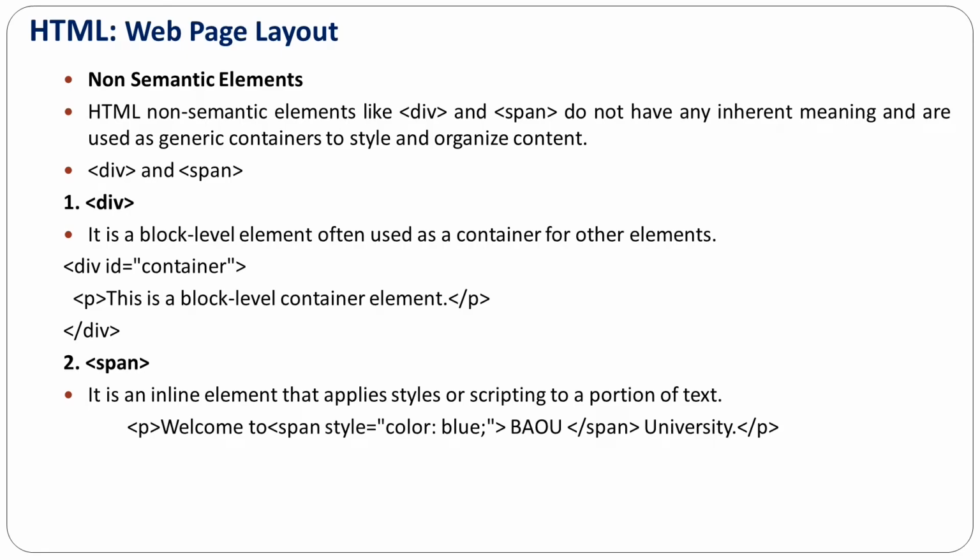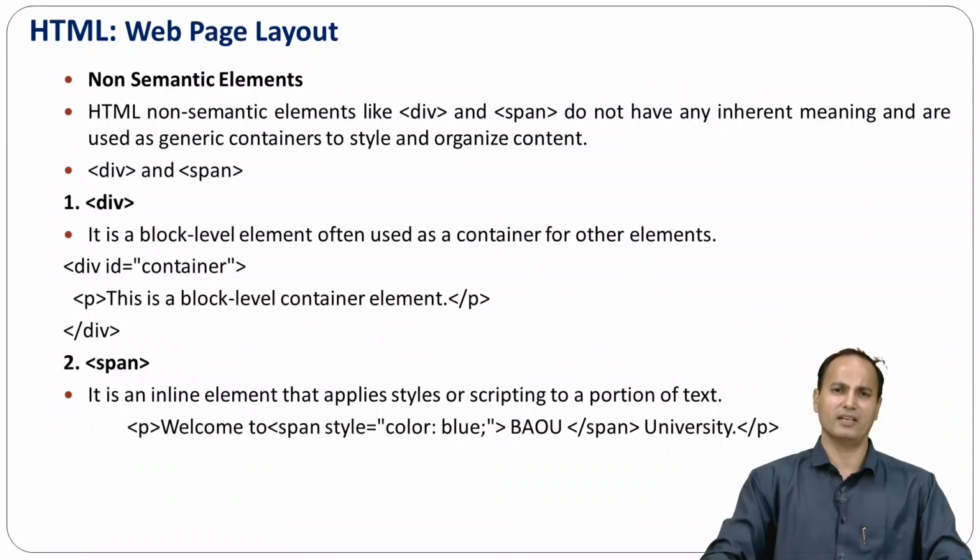We have already seen various HTML documents in which division and span tags were used. They do not have any meaning for the particular content, they are simply containers, a block in which we put content. So they are known as non-semantic elements.